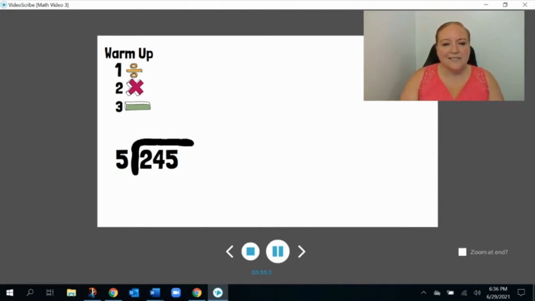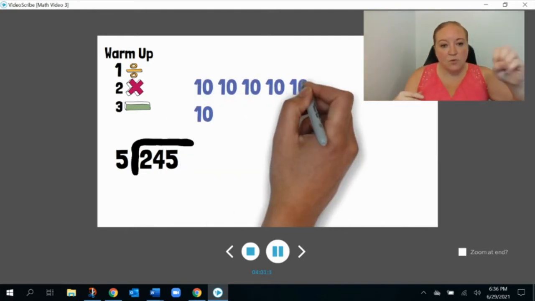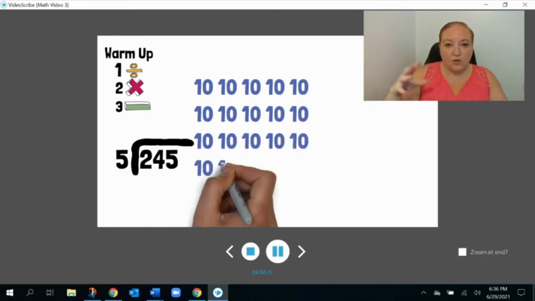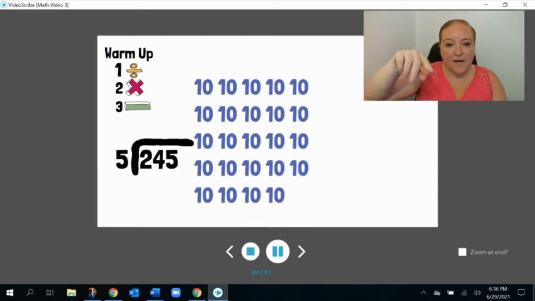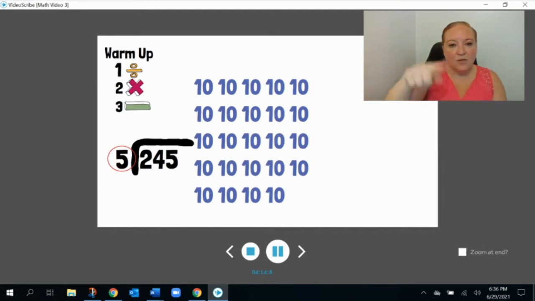But let's kind of look at this in a deeper way, okay? So we're talking about numbers here, and I want you to really understand when we have 245, we're thinking about how many groups of 5s can we make. Now, I made it bigger because 10s are all double 5s. So how many groups of 5 out of 24, so how many groups of basically 200?